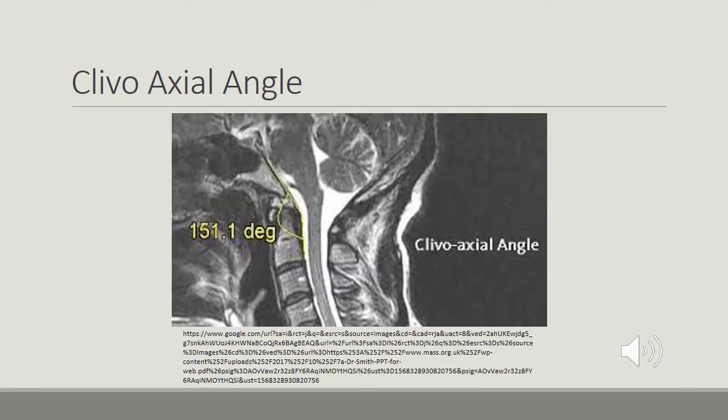Once again, the same angle, the clivo-axial angle here, on an image though, a little bit easier to see, a nice open, well-spaced 151.1 degree angle there. So brainstem, plenty of room to breathe. You imagine that angle shrinking down towards the 120s and how much pressure it would end up facing otherwise.